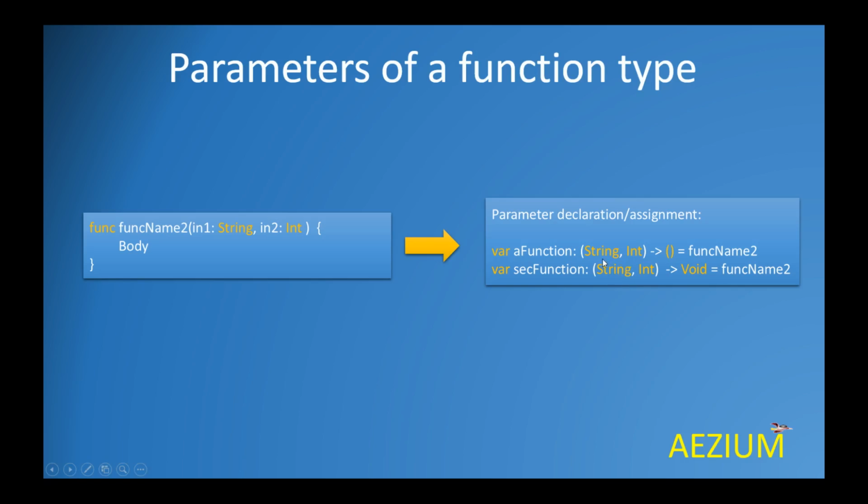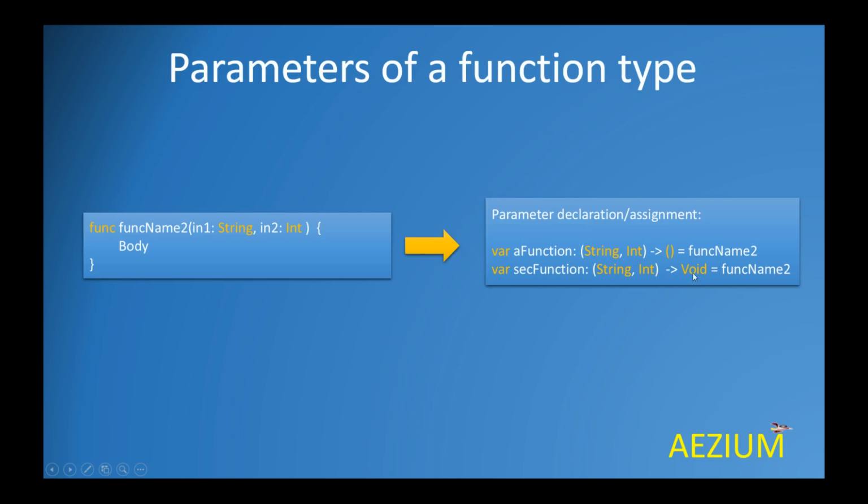Both of them have the same type, but at the same time we are assigning some values to these parameters. To the first one, we are assigning another function called funcName2, which is the same as this, and because this has the same function type as this declaration, we can assign this to our parameter.